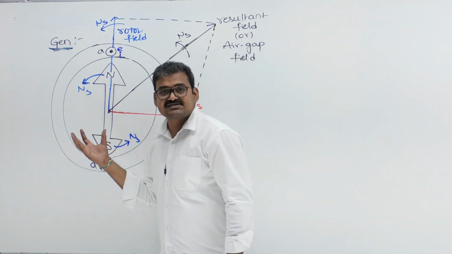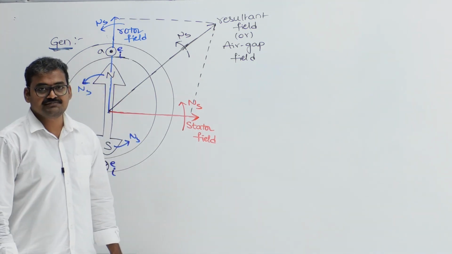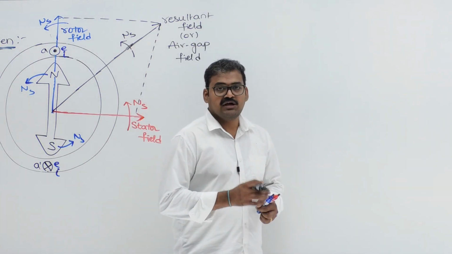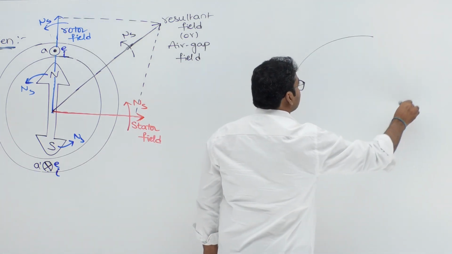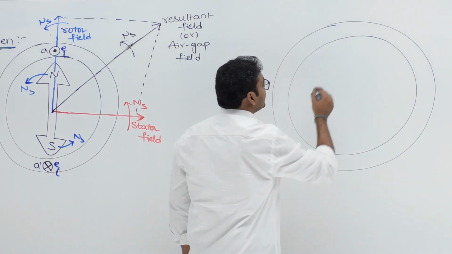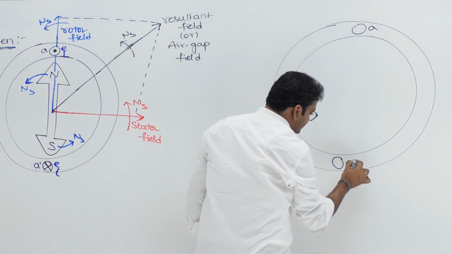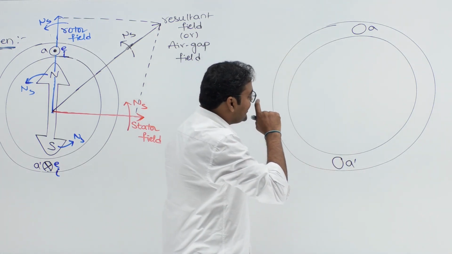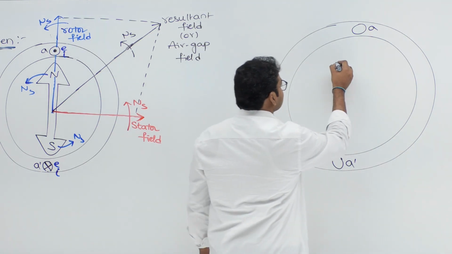Now let us do the same analysis in case of a synchronous motor. Okay. Now this is the same diagram I am selecting once again. Assume this is the stator part of the given machine. Stator has one coil A A dash. Actually 3 phases will be there, I am considering one phase. Okay. Next.